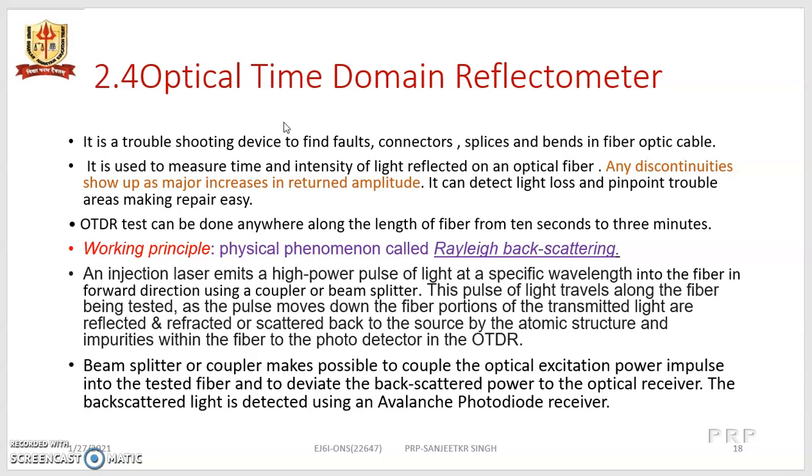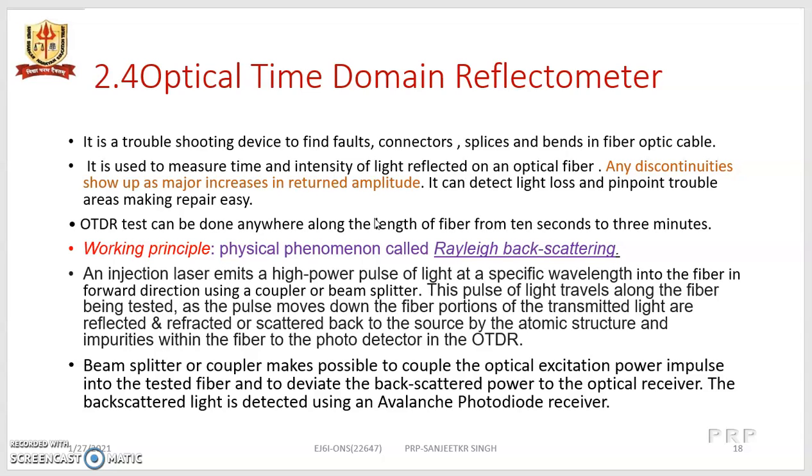Now let's see the optical time domain reflectometer, which is a troubleshooting and testing device to find the breaks or the faults in the optical fiber, the connectors, splices and bends in the optical fiber. It can be used for measuring the intensity of the light reflected from a joint, from a connector or from a break.